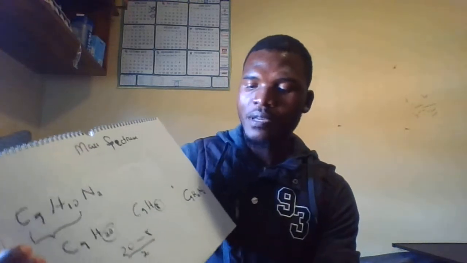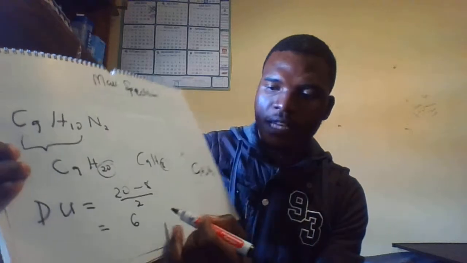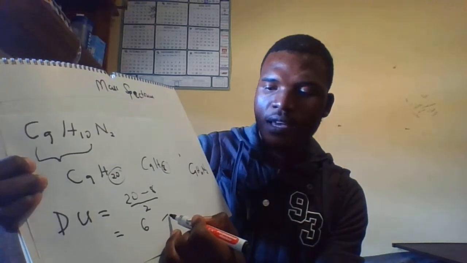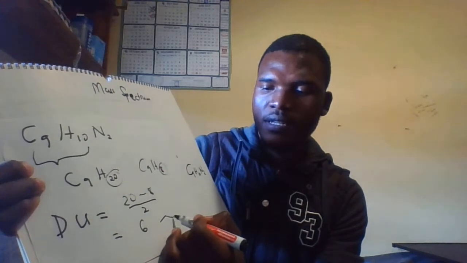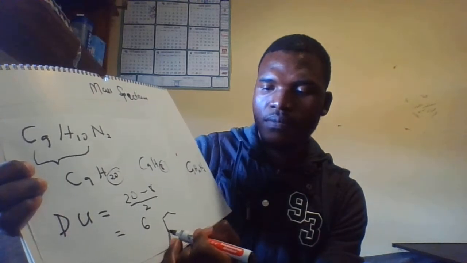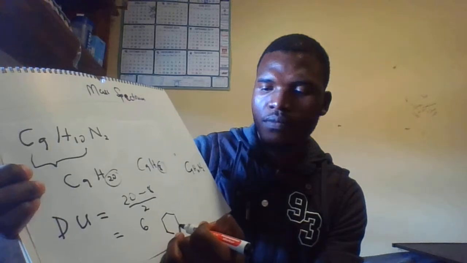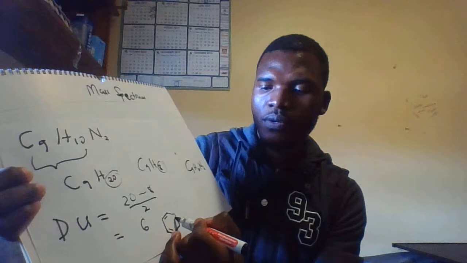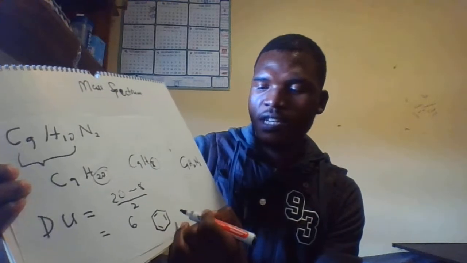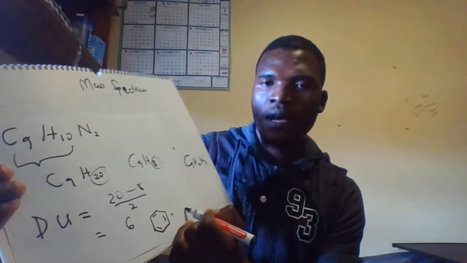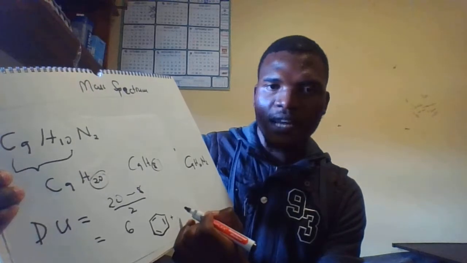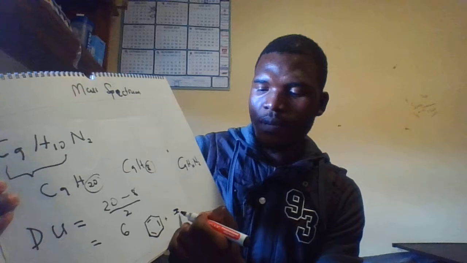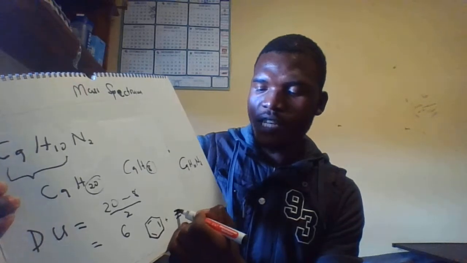Our assumption is that we have a benzene ring, and probably we also have a triple bond, because a triple bond has 2 degrees of unsaturation.